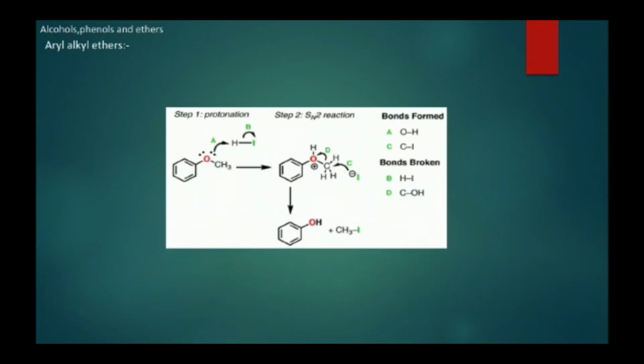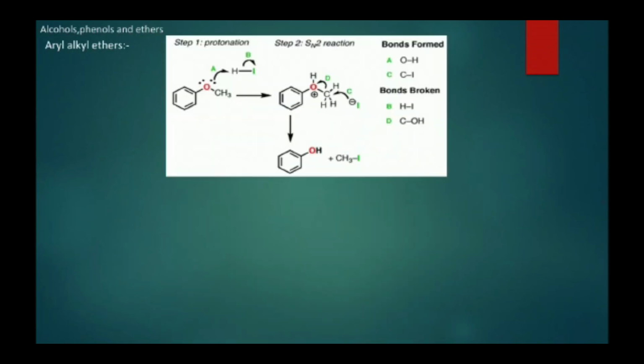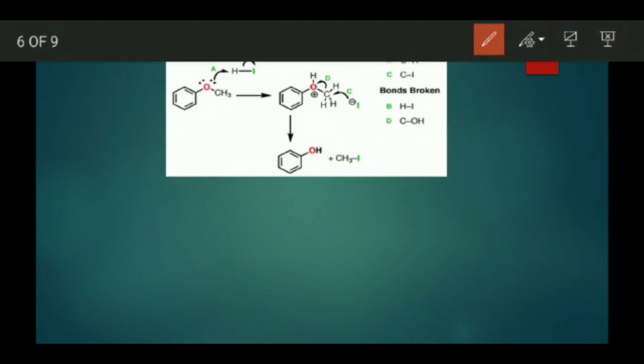Now, aryl alkyl ethers. See the same reaction with HI. When aryl alkyl ether is treated with HI, it gets protonated, same process, the first step is the same.